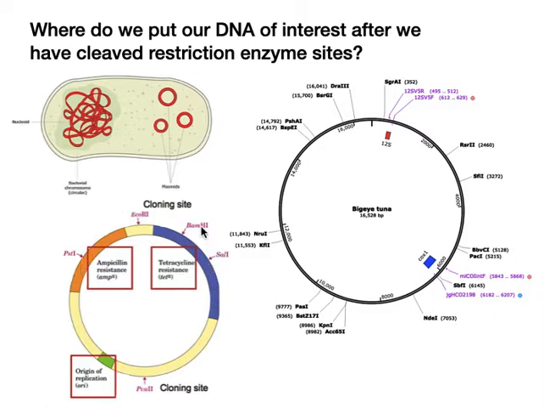Some of the notable features of a plasmid include its cloning site, the one that I have mentioned, where we can put our DNA of interest. The restriction enzyme sites, as noted by the pink arrows, that means at this portion of the genome, this can be cut by this enzyme.